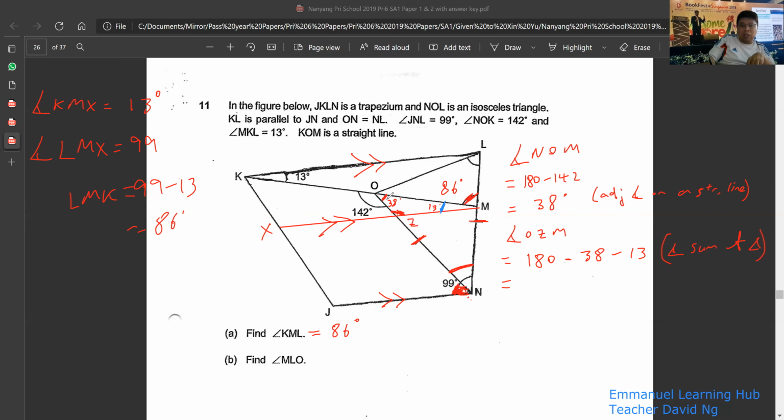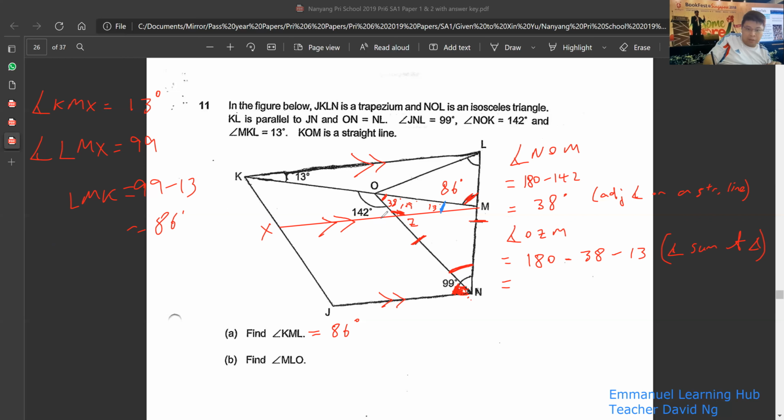So the totality of the three internal angles is 180. Therefore, you use 180 minus 38 minus 13, and the reason is angle sum of triangle. 180 minus 38 minus 13 is 129. So you know this is 129.